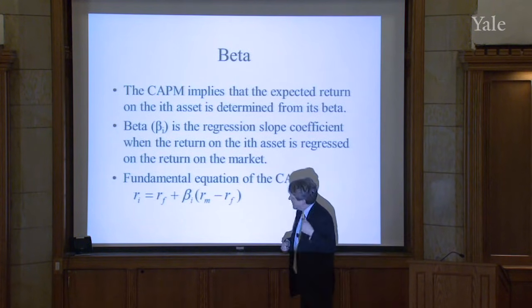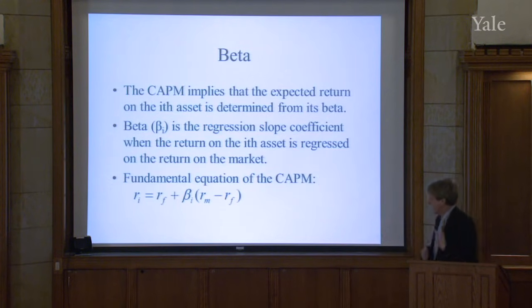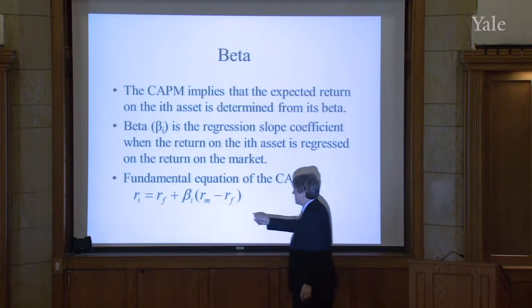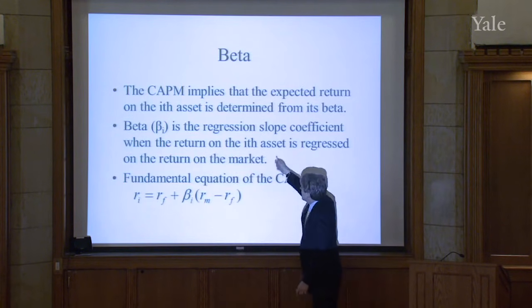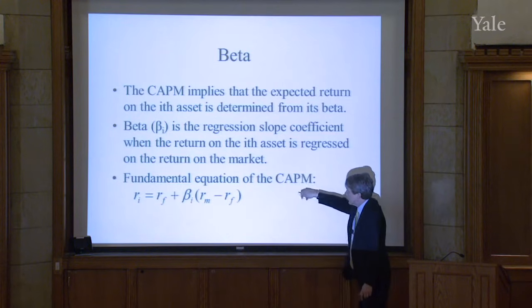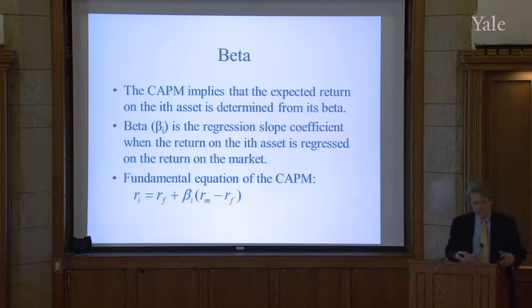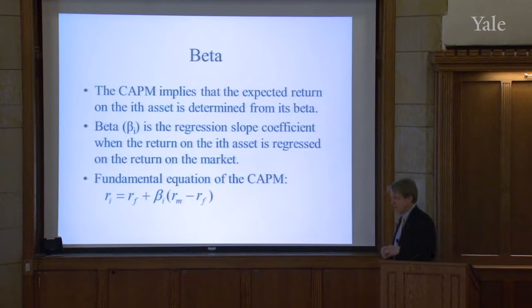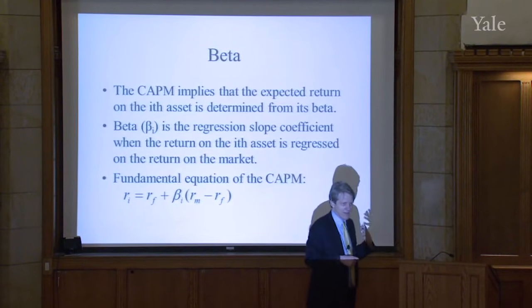You only care about how much a stock correlates with the big picture in its risk. So that's measured by beta. The beta is the regression, the slope coefficient when you regress the return on the ith asset on the return of the market. So high beta stocks are stocks that go with the market. So we found out that Apple has a beta of 1.5 or roughly that.